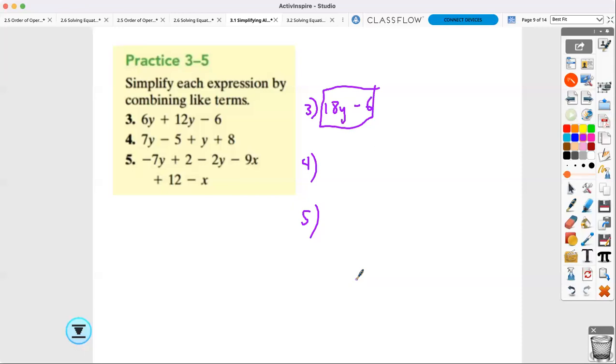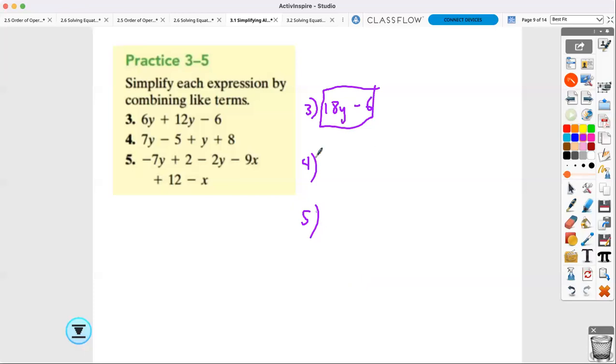All right, so for 4, I see two different answers. I see 8y plus 3. Sorry, my tablet stopped working.